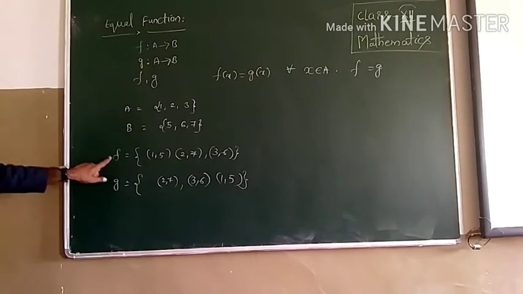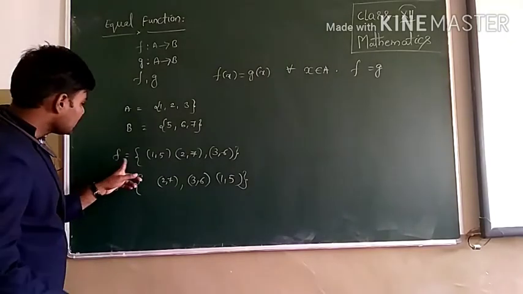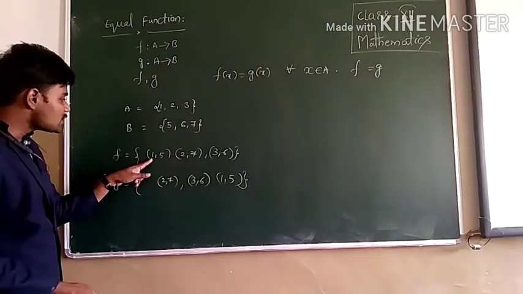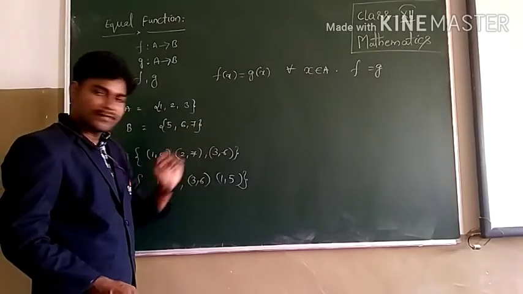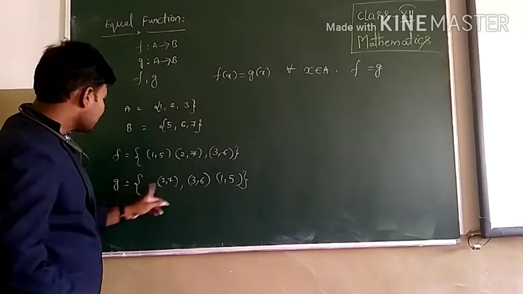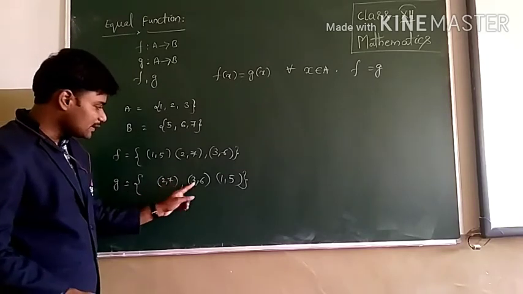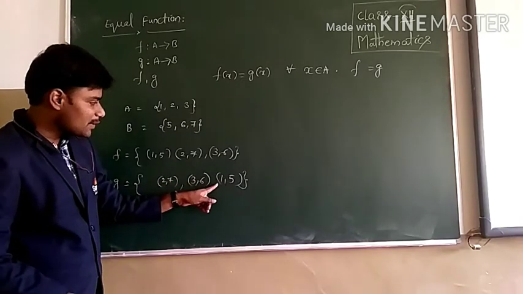Here in function f, element 1 is mapped with 5, element 2 is mapped with 7, element 3 is mapped with 6. In g also, element 2 is mapped with 7, element 3 is mapped with 6, element 1 is mapped with 5.